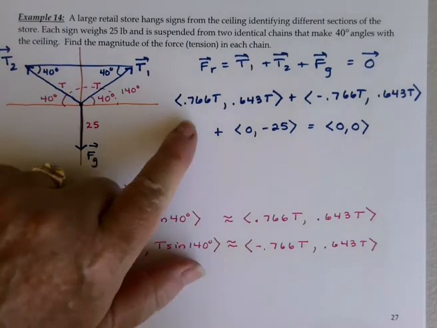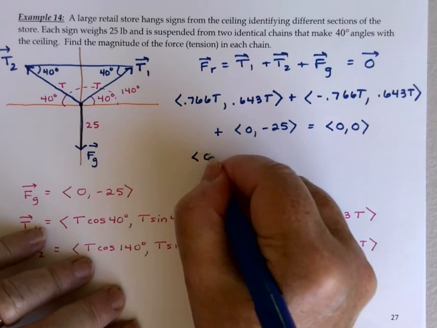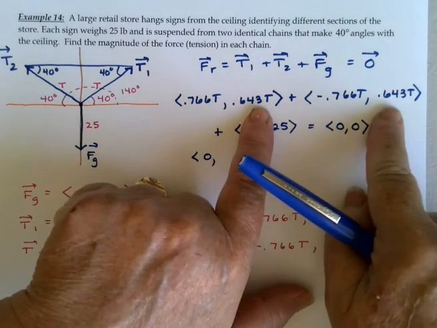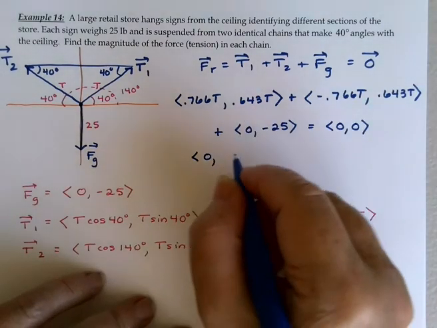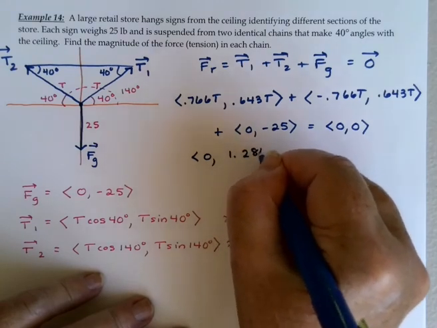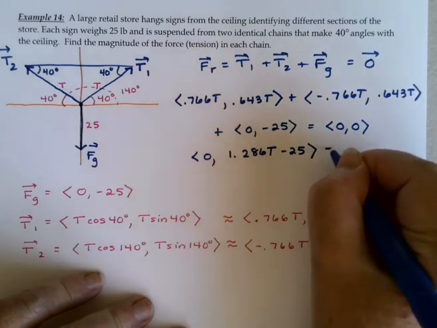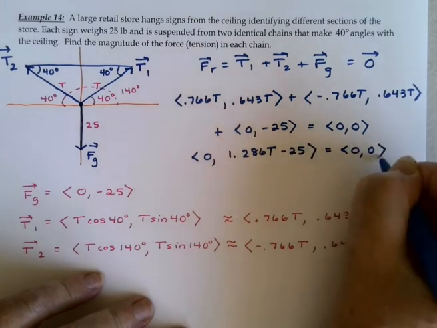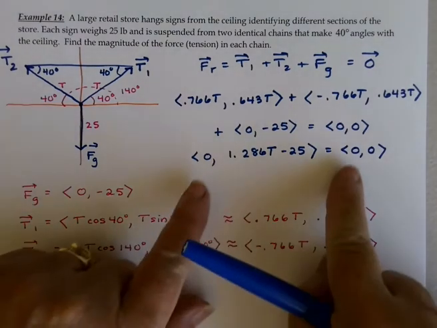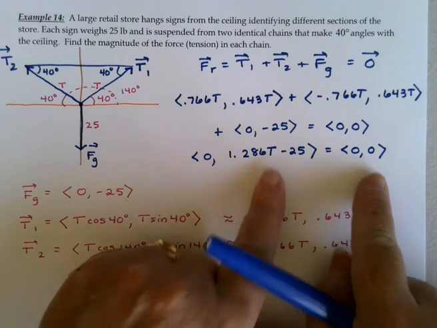You'll notice that the x values already add up to 0, but the y values, that's going to give me what? 1.286t minus 25. So the x component is fine. It's the y component that's going to give me the answer.